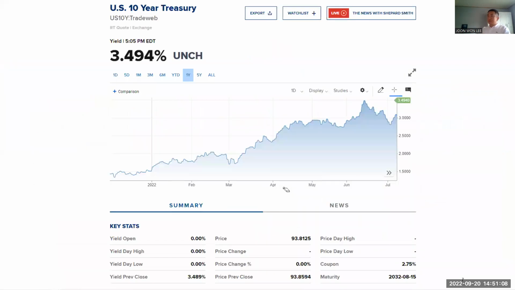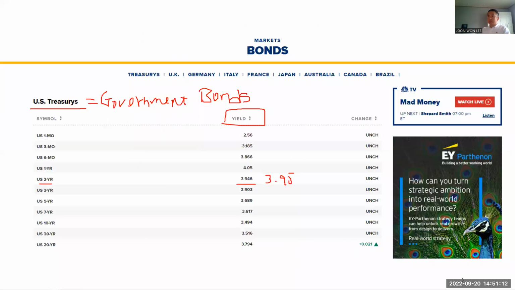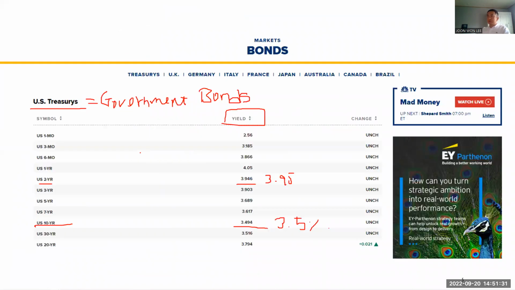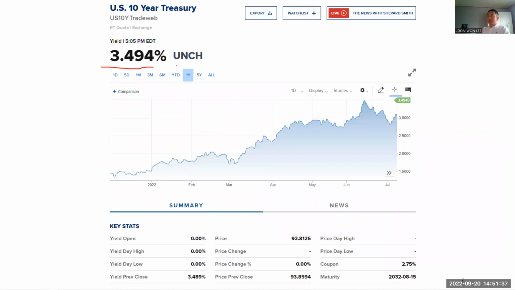Let's say 10 years. Okay, let's take a look at the 10-year bond. The 10-year bond is 3.494, or around 3.5%, right? 3.494, 10-year Treasury, it's unchanged.